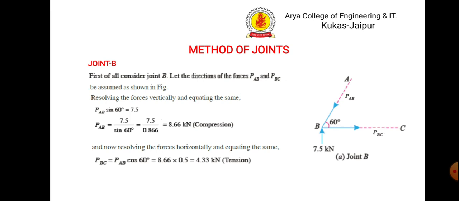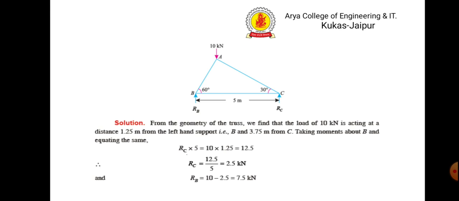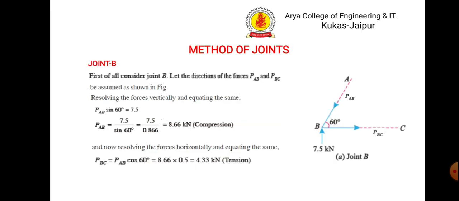First of all, consider joint B and the forces PAB and PBC. We assume PAB as compressive because it is obvious that if we apply the 10 kilonewton force, then member AB will be in compression.